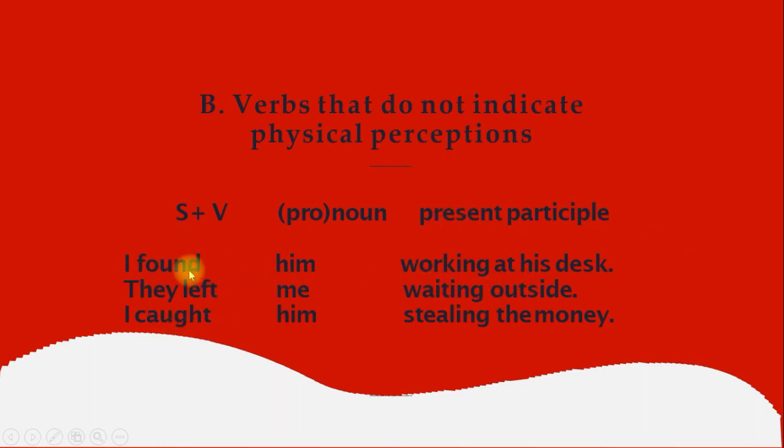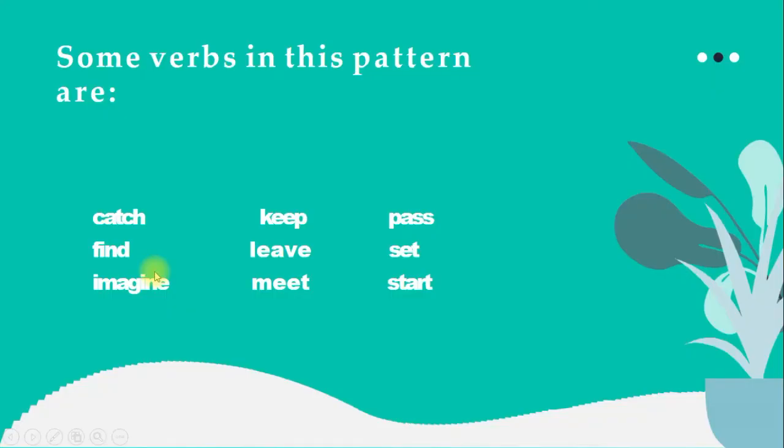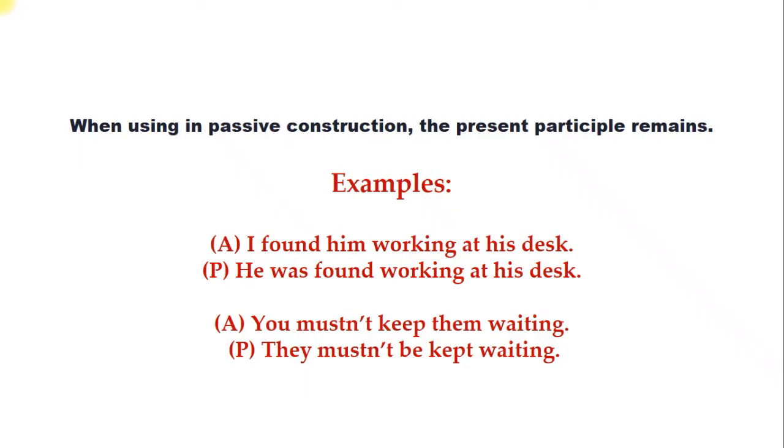So the same pattern but different groups of verbs. Some verbs in this pattern are usually like catch, find, imagine, keep, leave, meet, pass, set, or start. So you will remember these verbs.